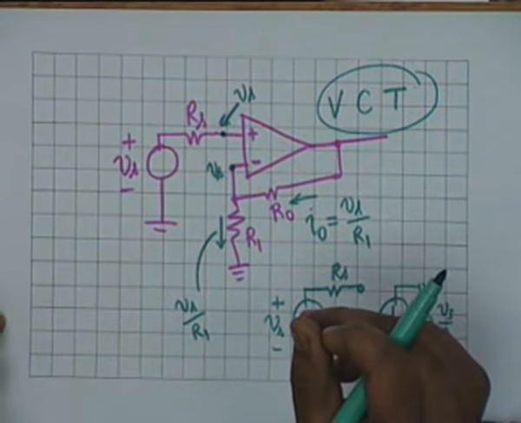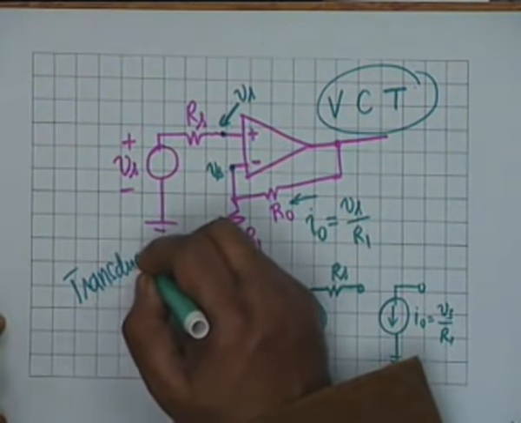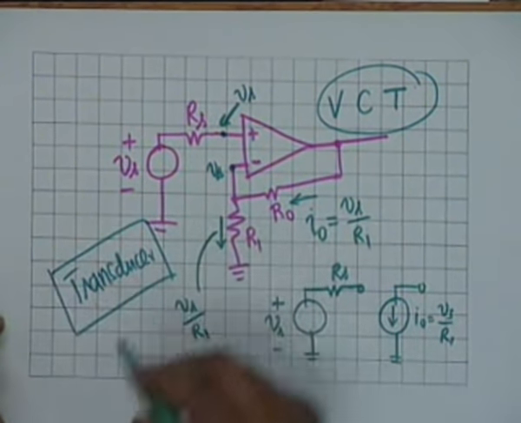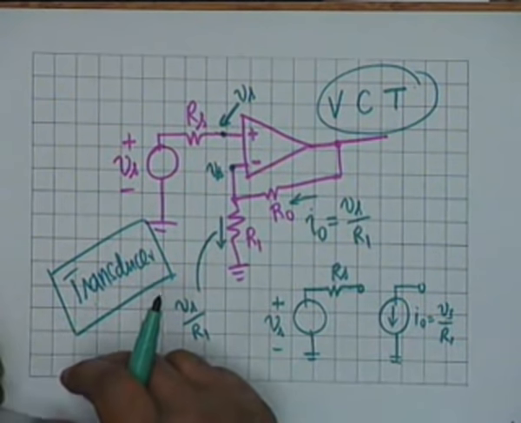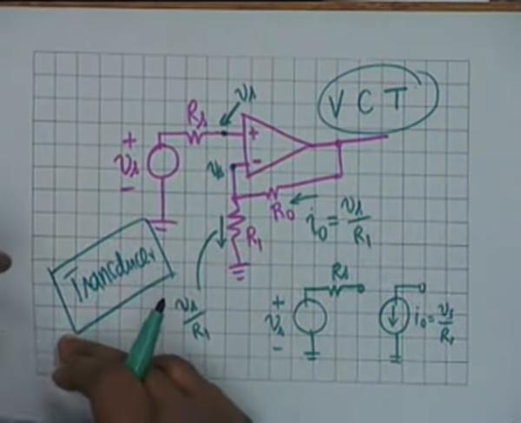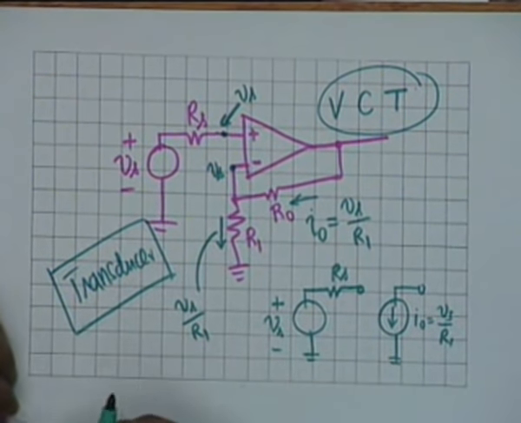We shall see this later, but transducer is a general term. A transducer is a device which converts one physical quantity into another physical quantity. The two quantities could be quite different from each other. In that sense, is an op-amp a transducer?